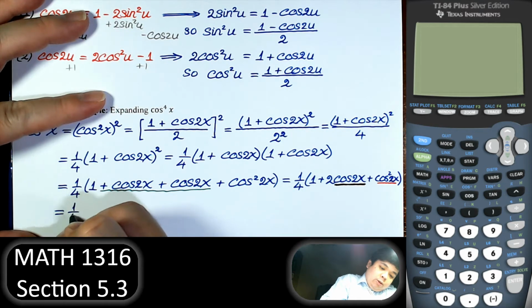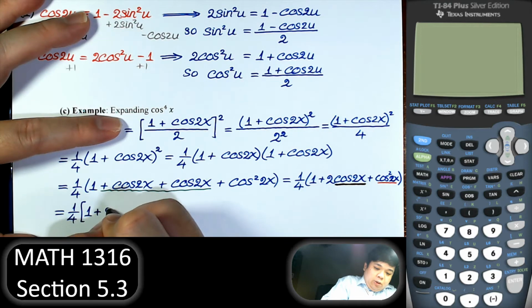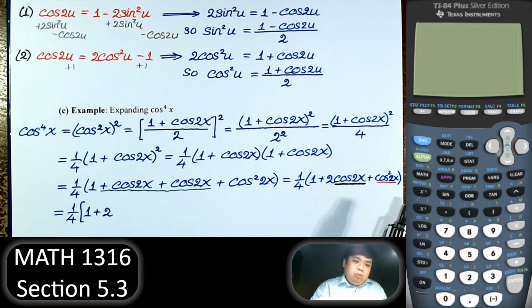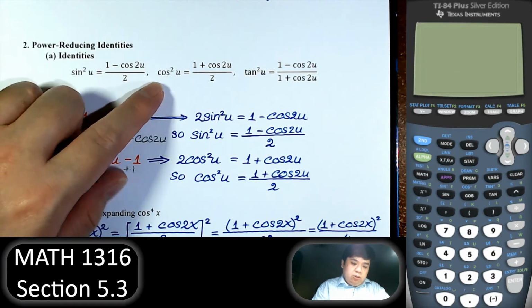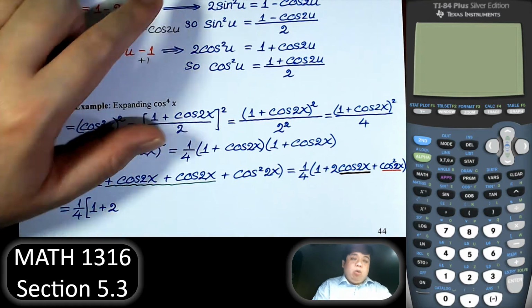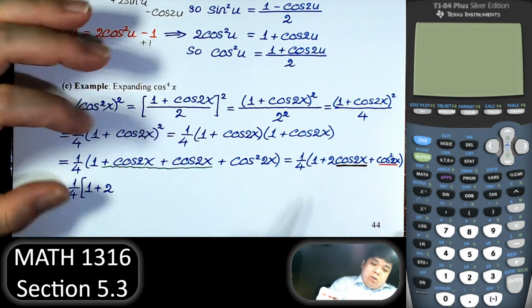So 1/4, 1 plus 2. Now the double angle look like the answer in terms of cosine though. So I write everything in terms of cosine.